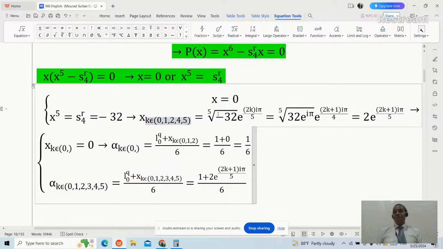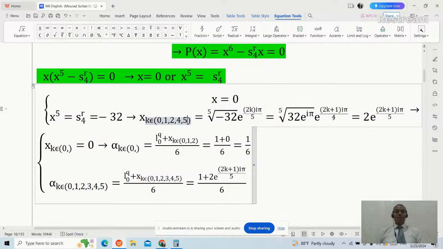Then I can write the negative sign as exponential I pi, learners, you see, because minus 1 is equal to exponential I pi, equal to cosine pi plus I sine pi. And sine pi is 0, so it remains only cosine pi, which is minus 1. Therefore, the fifth root of 32 gives 2. It remains now the fifth root of exponential I pi, meaning this exponential I pi has been raised to the power 1 divided by 5.